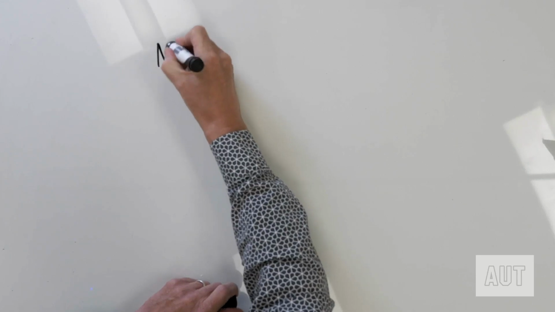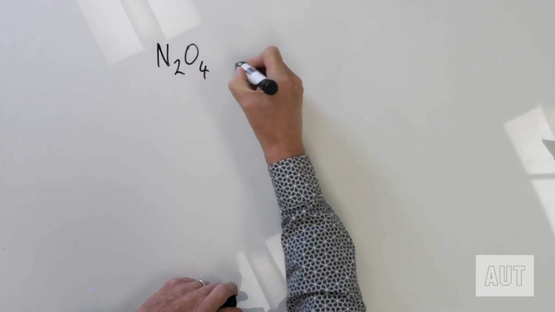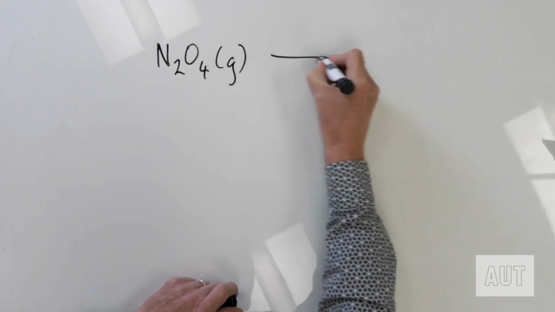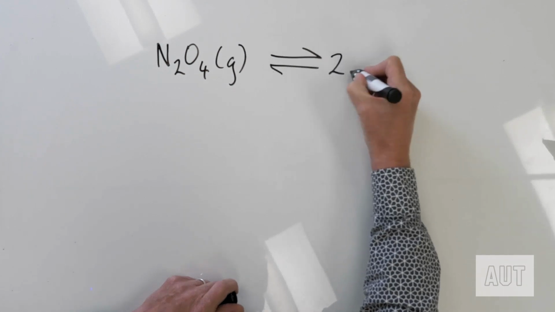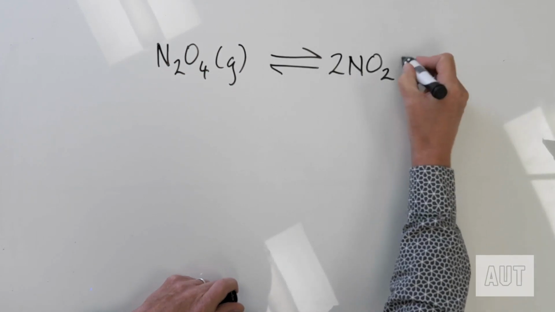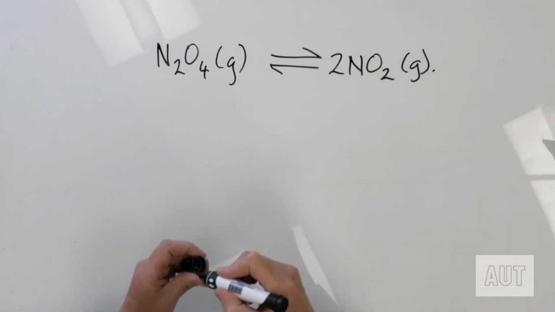So now that was a phase change, let's have a look now at a chemical reaction, a classic chemical reaction, N2O4 gas in equilibrium with 2NO2 gas, okay? N2O4 is a colourless gas, and NO2 is a nice brown gas.